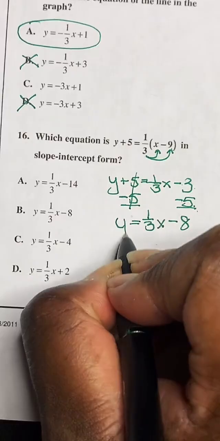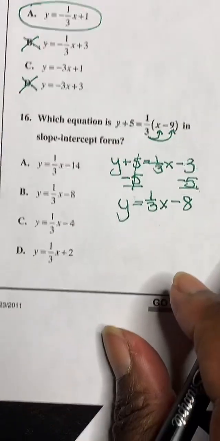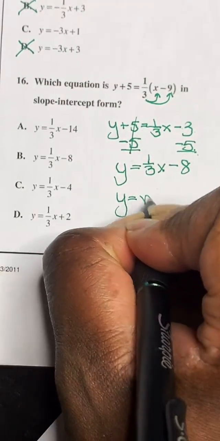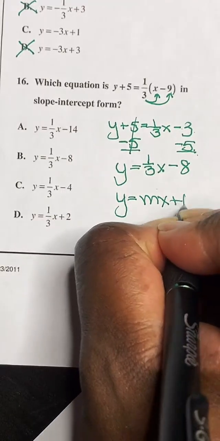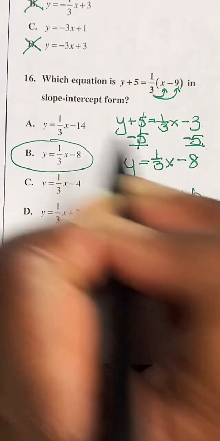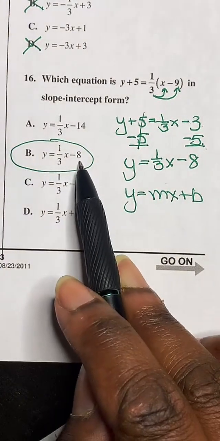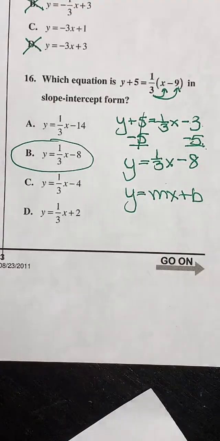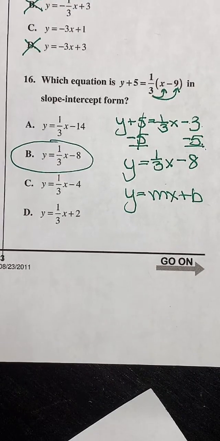That's what y equals. This is slope-intercept form, aka y equals mx plus b. So your answer is going to be B, because that's the only one that has a -8 for your y-intercept. Okay, so it is B.